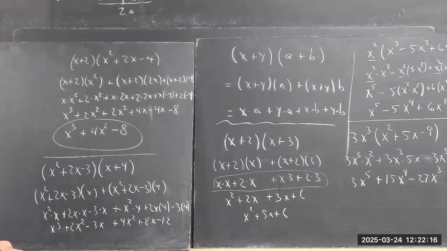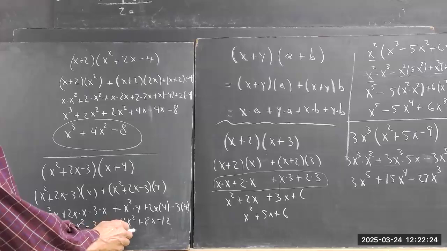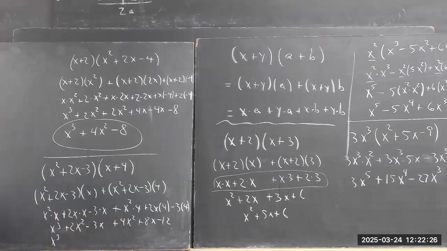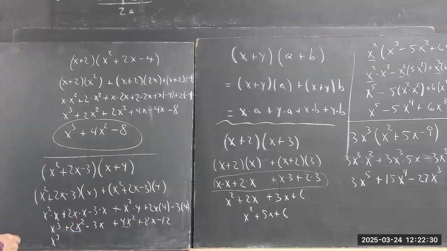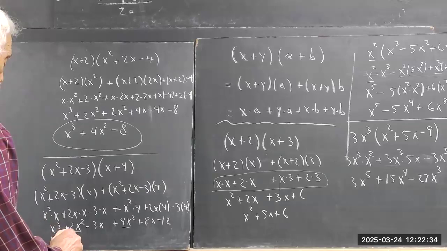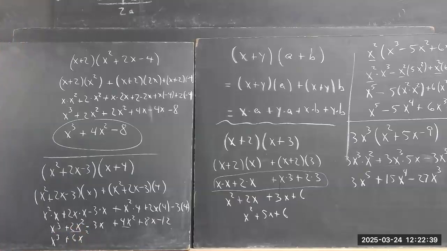Okay. Now, it's going to give us x cubed. We have a 2x squared and a 4x squared. Okay. So I've got to put another line around this and this, so another line beneath this. Okay. So that's going to be plus 6x squared.